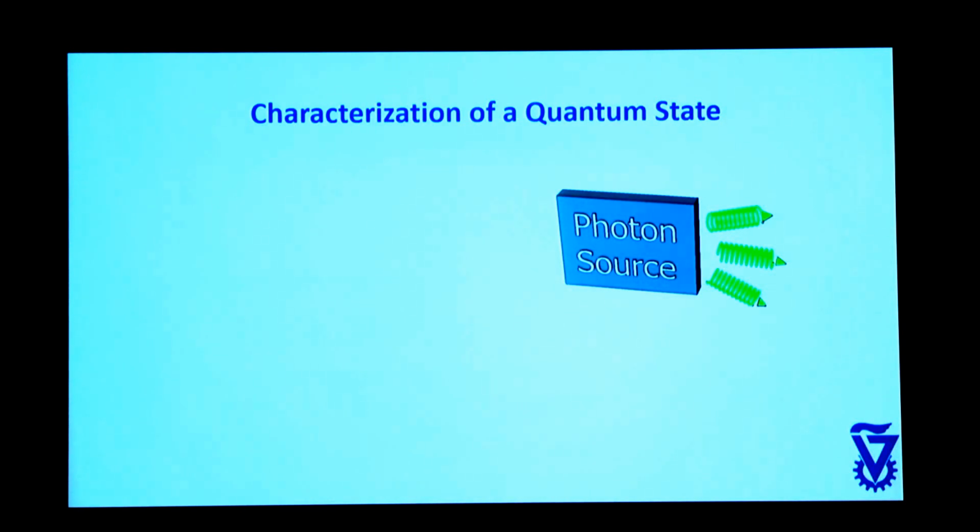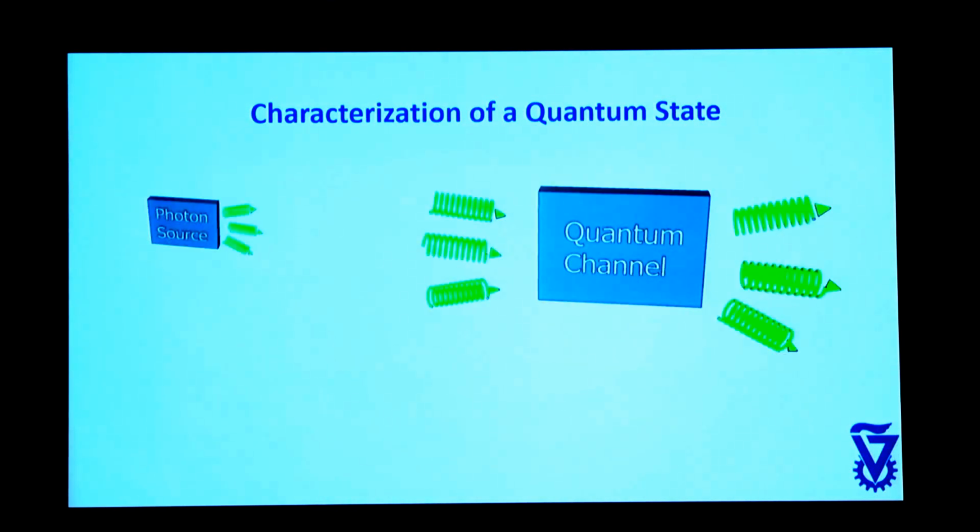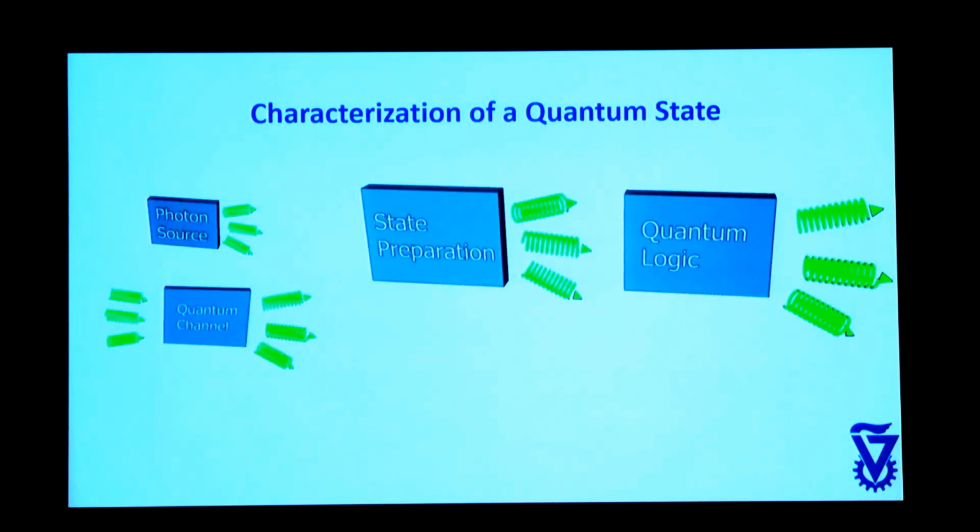Now, under which circumstances do we need to recover the state? So for example, if you have a source of photons or some other particles, you might want to know what happens at the output. You want to characterize the state at the output. Another scenario would be if you have some quantum channel where you have an input state and an output state. And if you know these two, you can probe what happens right here. And the common scenario in quantum information is where you have some state preparation.